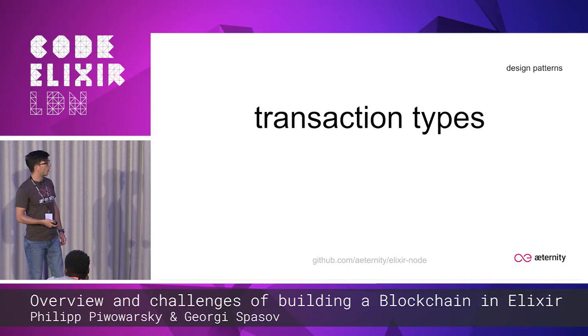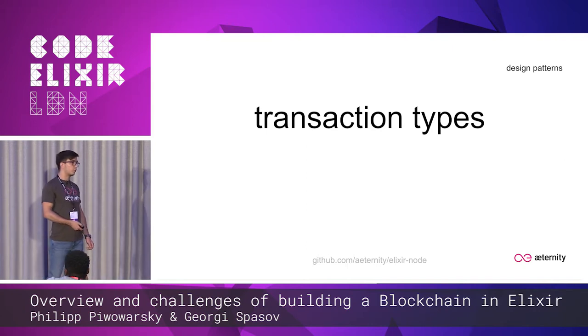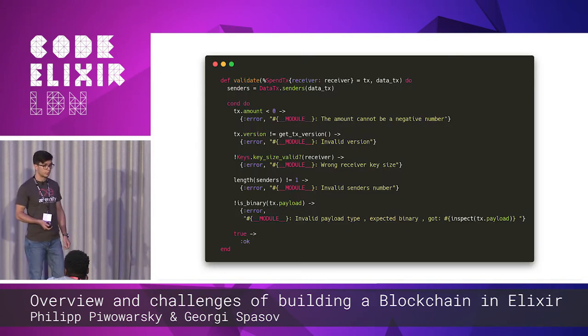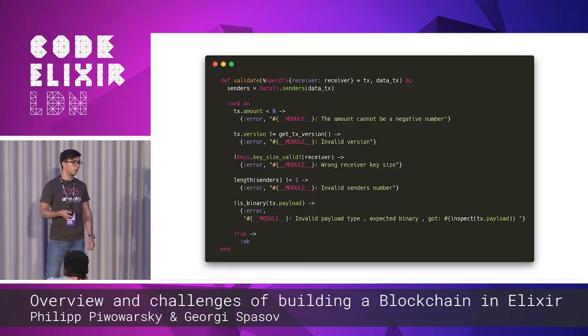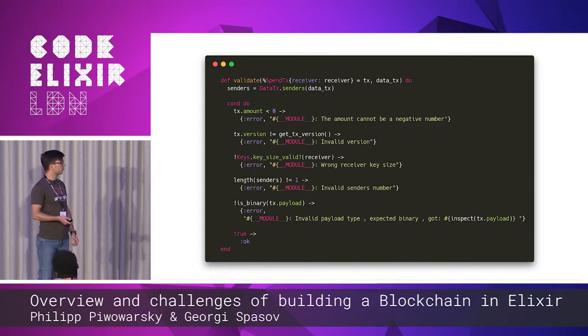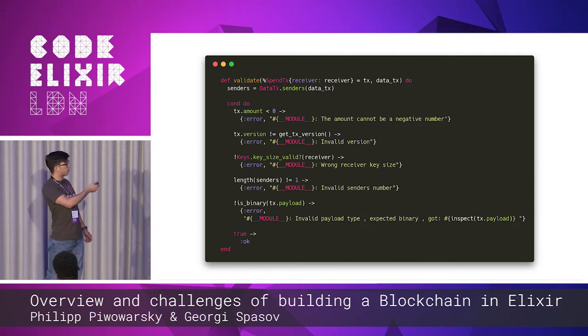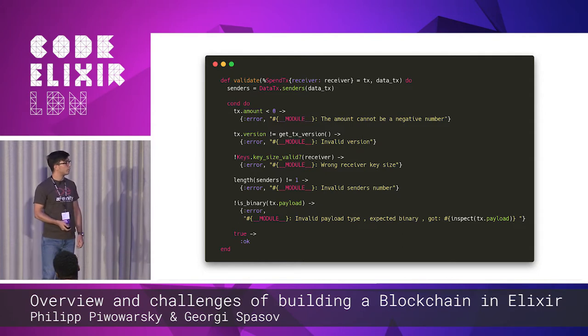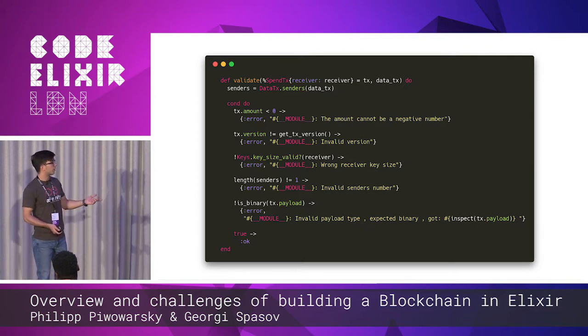And going through one of our transaction types, which would be quite a common one, a spend TX, so a transaction for spending money or sending money from me to you, or something like this. Let me showcase some of the functions. We have a validate function, and it takes the specified arguments, but depending on the type of TX, we would have a different validation because the transaction has different elements inside the structure.